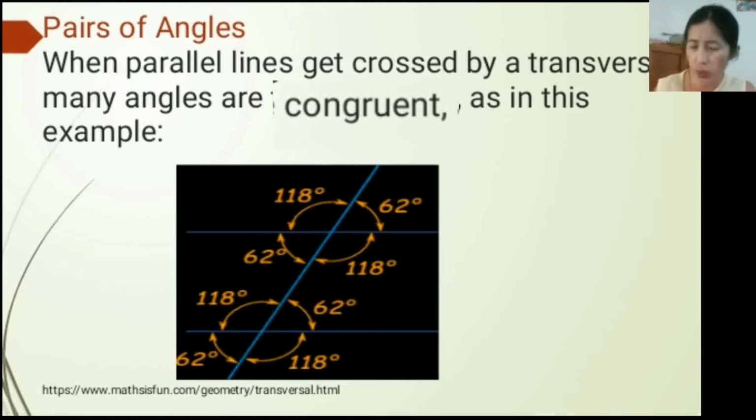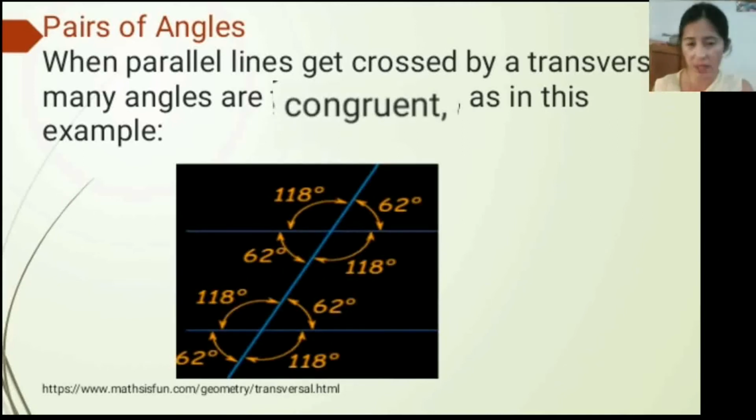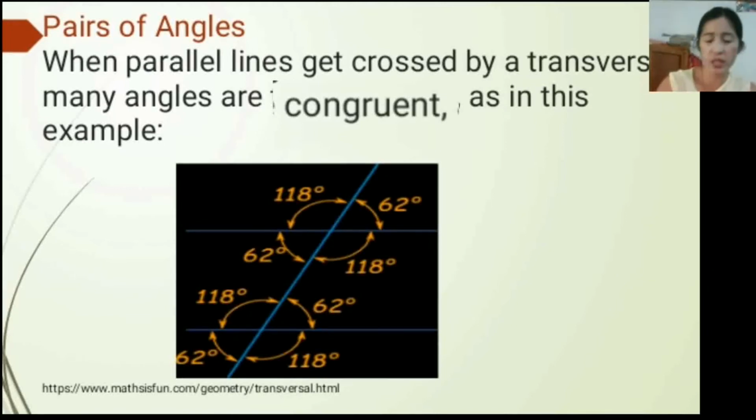Opposite to it is also 118. At the side of this 118 is 62. And there is also another 62 degrees opposite. And below it is also another 118 degrees. At the side is 62 degrees. Opposite again is 62 degrees. And at the side of it is 118 degrees. What do you think are these angles?